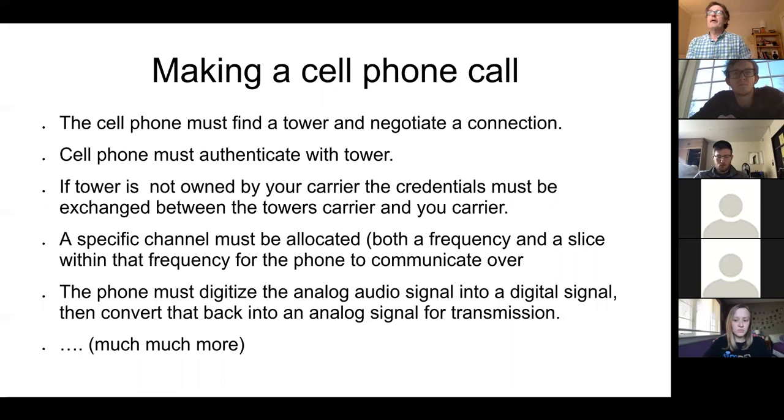And so, in fact, I would argue that the cell phone system on the planet is one of the most complex systems, and probably is the most complex system ever built by man.